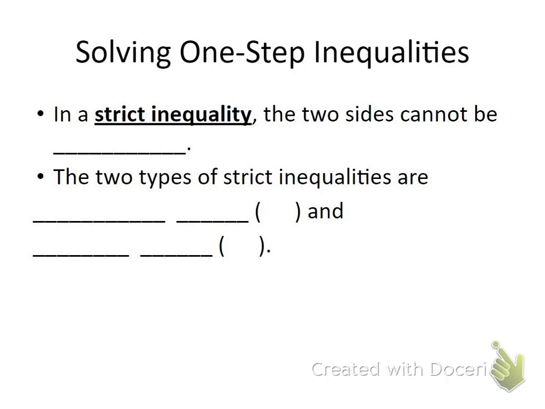Now, there are going to be different types of inequalities, okay? The first one, in a strict inequality, the two sides cannot be equal.